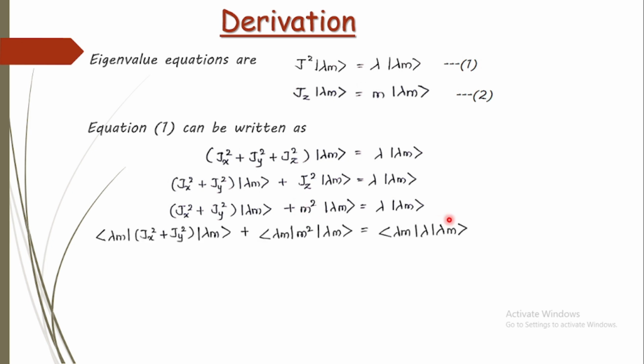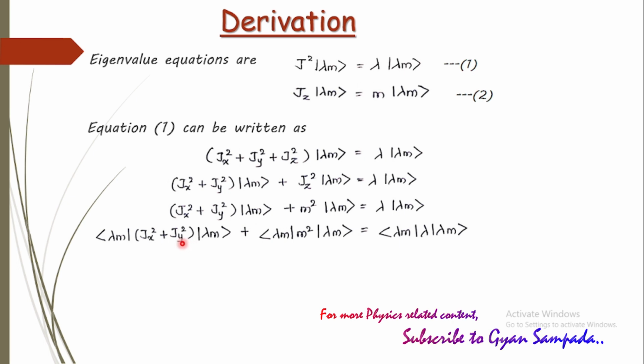And to this equation we will multiply by bra function of lambda m from the left. So this notation is a bra function and this notation is a ket function. So throughout this above equation we will multiply from left side by bra lambda m.